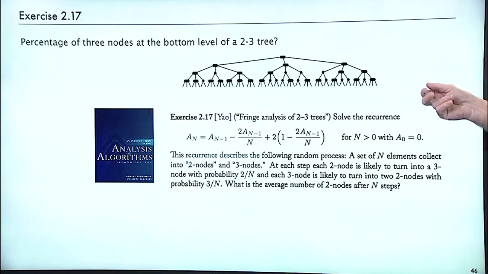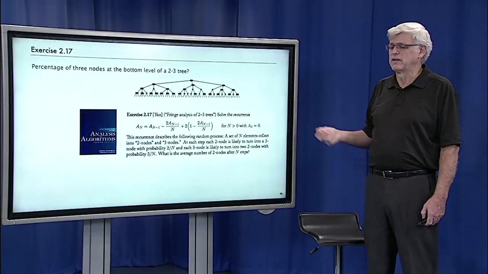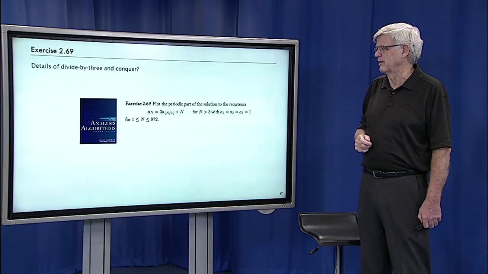And it's a complicated first order recurrence. So the problem is to go ahead and solve this recurrence. It's an interesting random process and leads to an interesting recurrence that's got a solution that's definitely of practical interest.